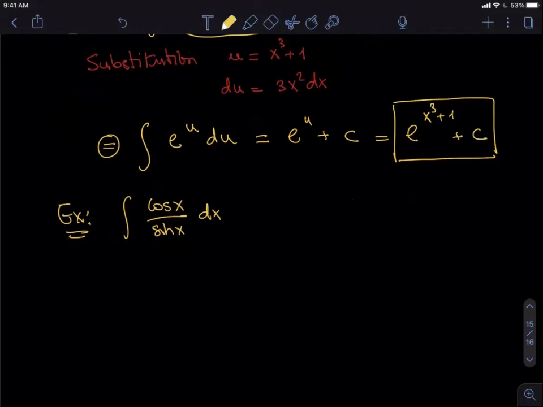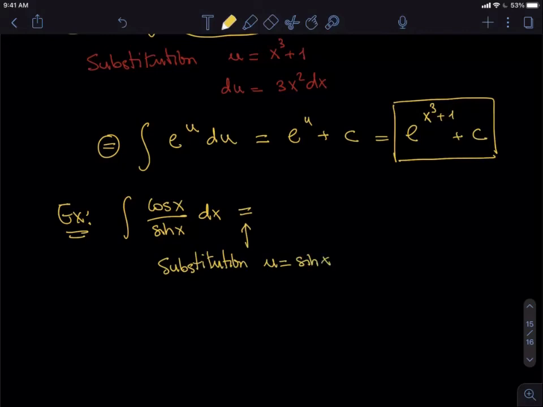In this case, it may not be so easy to identify, but here, if we look at it, probably we think that the problem is that the sine is dividing. Okay, so what we can try as a substitution is u equal the sine of x.